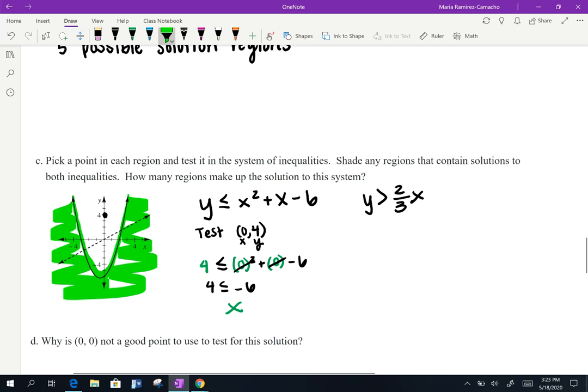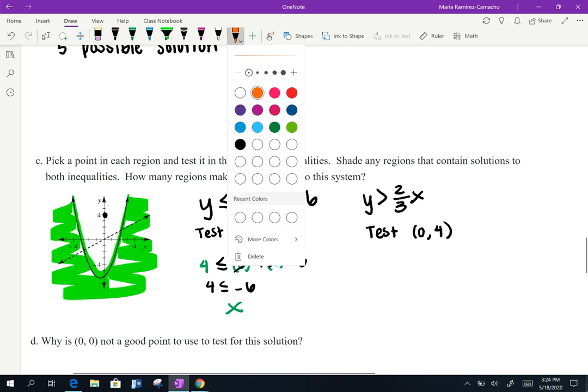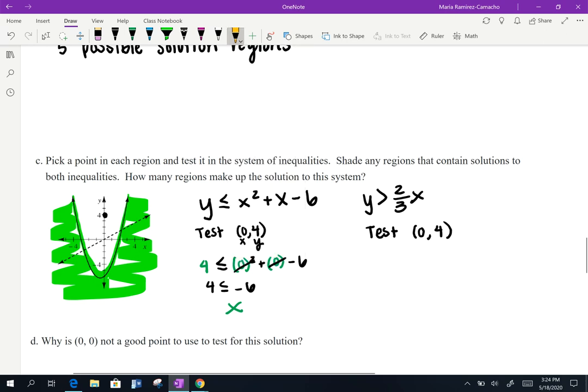Now let's test a point for the line and see where we're going to shade. Let's pick (0, 4) again. Plug in 4 for y and 0 for x. So 4 for y greater than 2/3 times 0. 2/3 times 0 is 0.